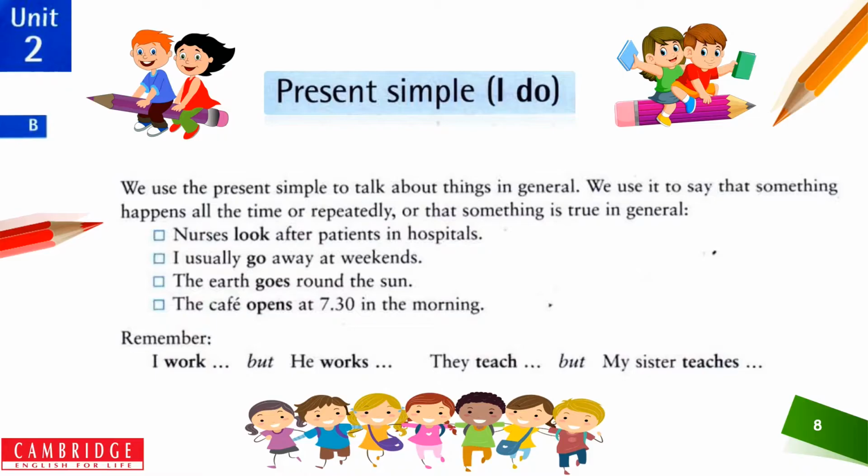The earth goes round the sun. The cafe opens at 7:30 in the morning. So here what happens, it can be daily routine or it can be habitual action, etc. Remember, I work, but he works. They teach, but my sister teaches.